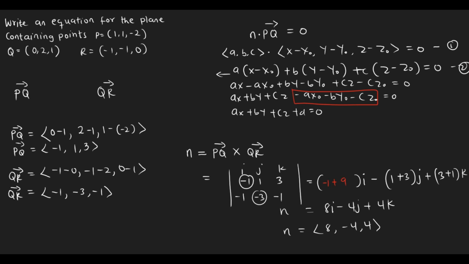So now what you have to do is to consider any of the points here. Okay, so we are going to consider any of the points given. In this case, I'm going to consider the point P. Okay, so let me write point P here, which is 1, 1, and then -2. So with these two data that we have here, let's consider equation 2 and then do substitution.